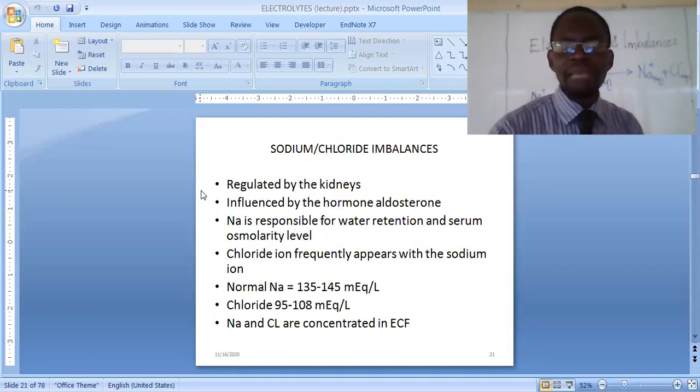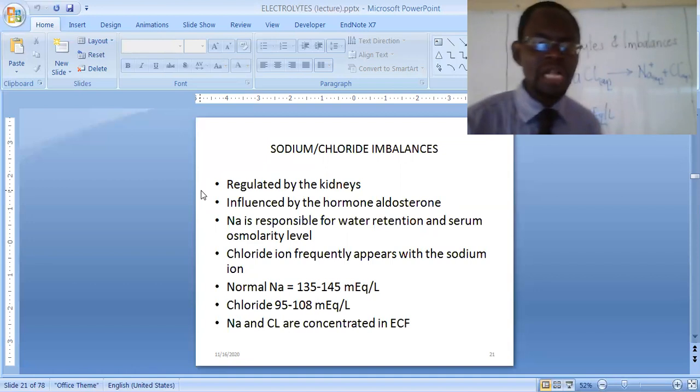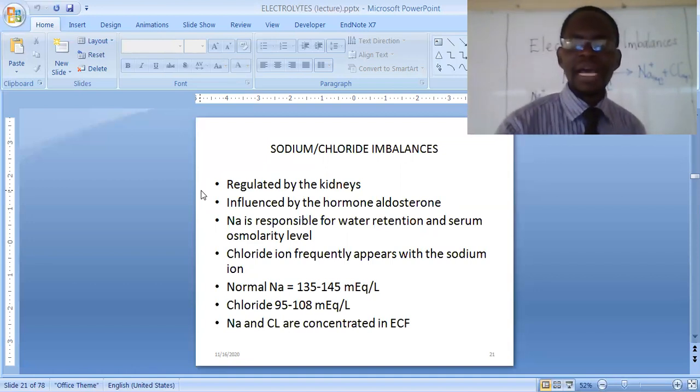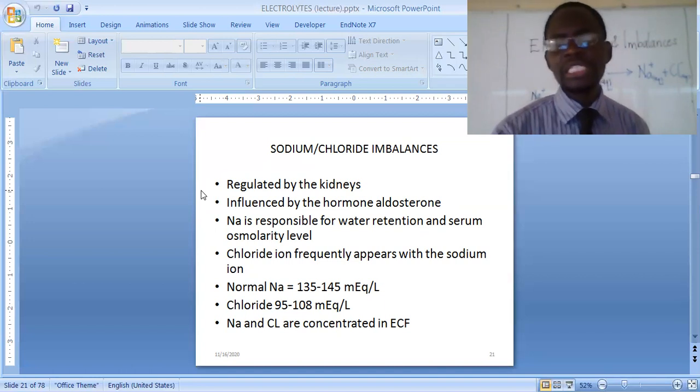Now, we have sodium and chloride imbalances. We shall see that most ions are regulated within the kidney. We shall actually see the role of the kidneys as far as ion regulation is concerned.